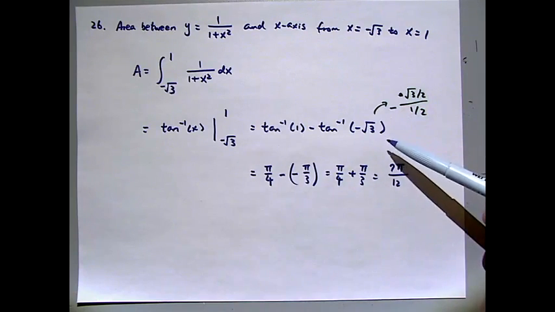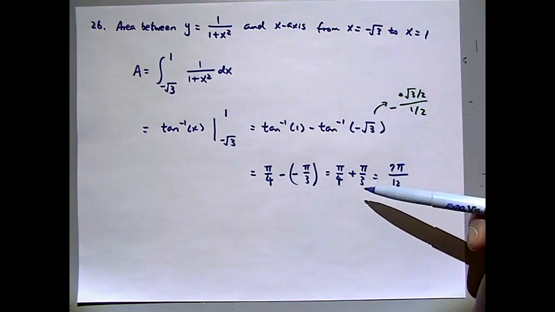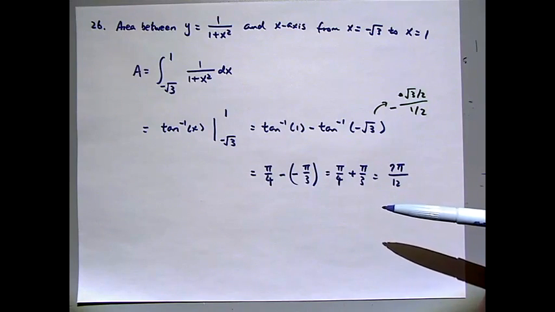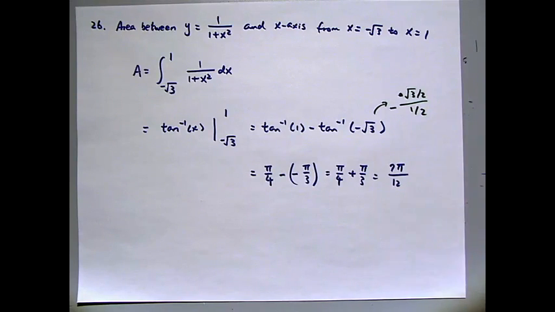Right, what about it? Because the range of the inverse tangent function is minus pi over 2 to positive pi over 2. So it's the fourth quadrant, but you have to look at it as something that's negative, a negative angle, as opposed to going all the way around to the fourth quadrant counterclockwise.